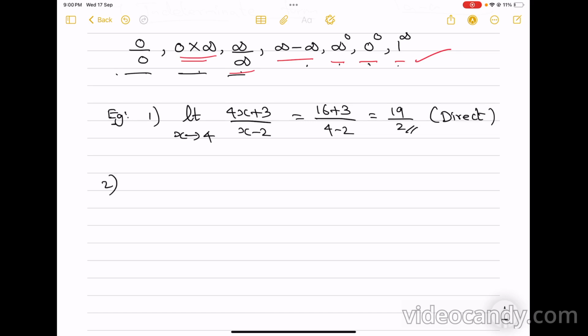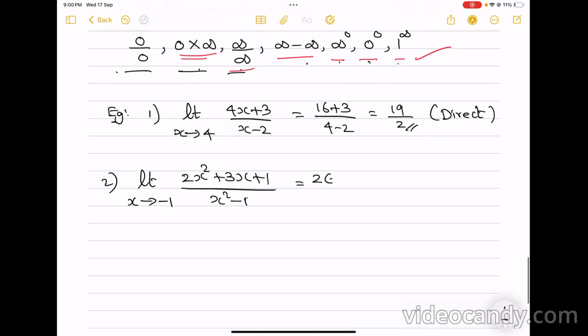For example, second question: limit x tends to minus 1, 2x square plus 3x plus 1 divided by x square minus 1. So substitute the minus 1, what will happen? It is 2 into minus 1 the whole square plus 3 into minus 1 plus 1, divided by minus 1 the whole square minus 1.